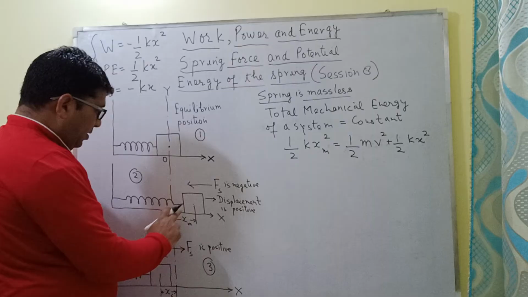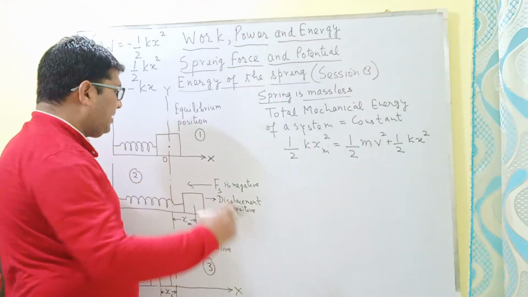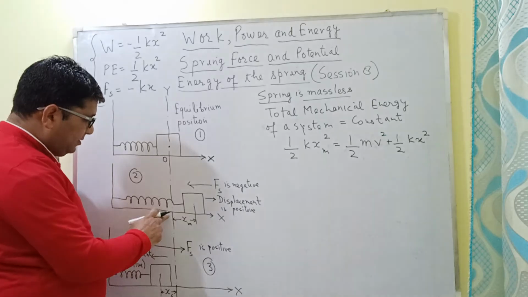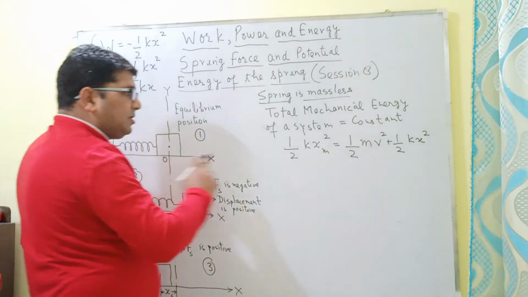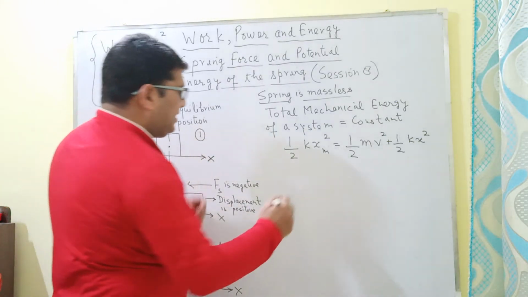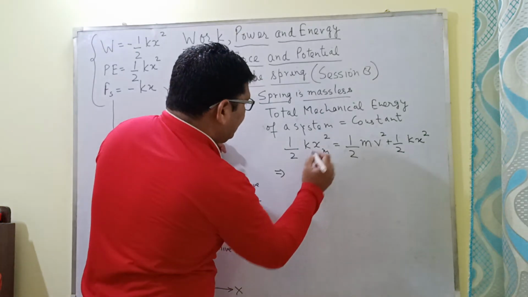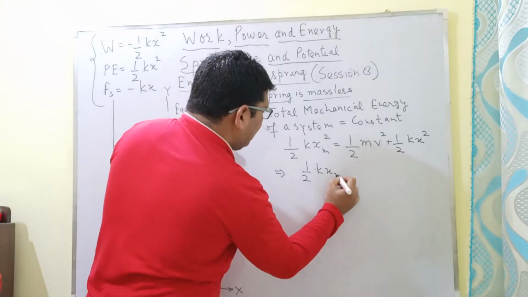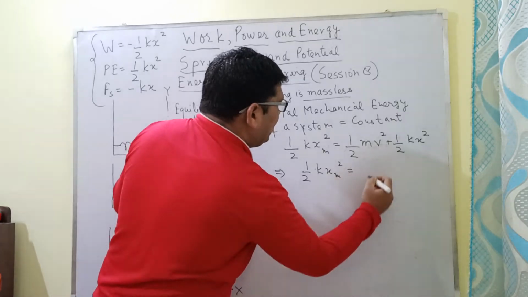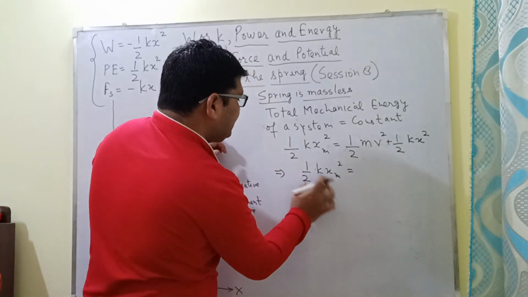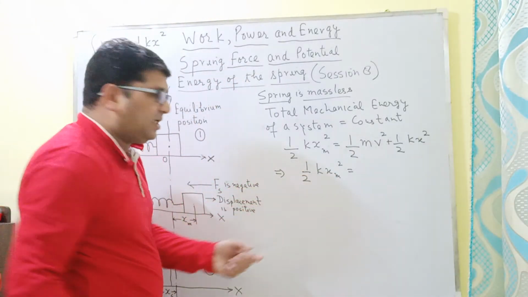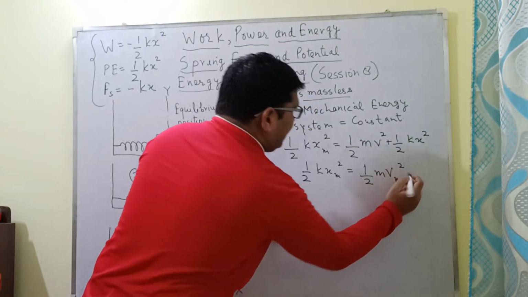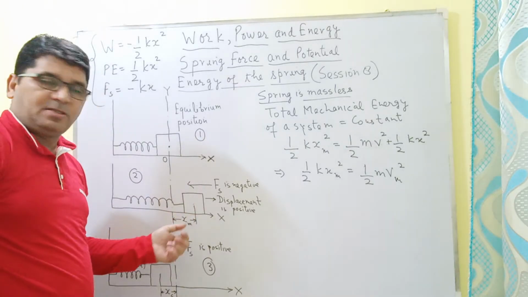Now, since I have just told you that this block will attain the maximum velocity when it reaches the equilibrium position, when it attains the maximum velocity, this energy equation can be written as half k xm square is equal to half m vm square, because at this point this energy is totally converted into kinetic energy, where vm is the maximum velocity of this block.